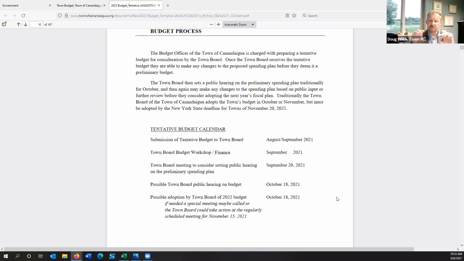We can see whatever changes the budget officer made to put together a balanced tentative budget and then present that to the board. And you see the variation in that so that they can go and do that.